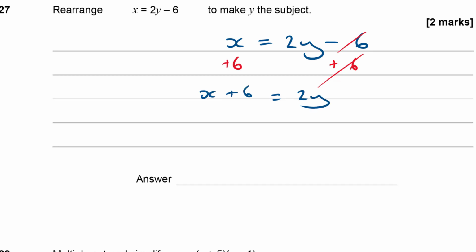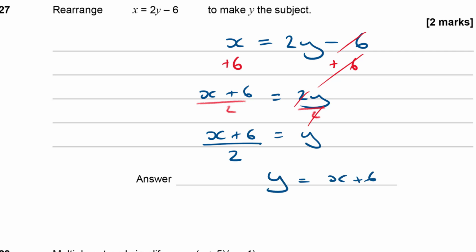And then we're going to divide both sides by 2. Okay, so then that cancels with that, leaving me with just y. y is equal to x plus 6. I'm just going to leave it like that, x plus 6 all over 2. Okay, that's my answer. y equals x plus 6 over 2.